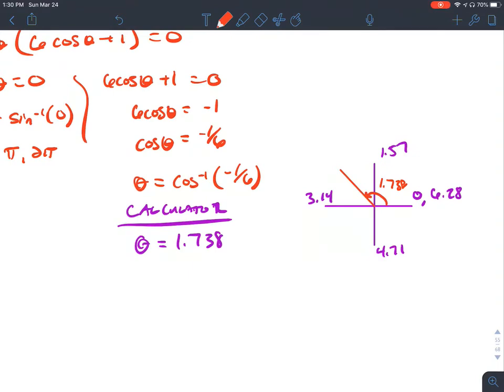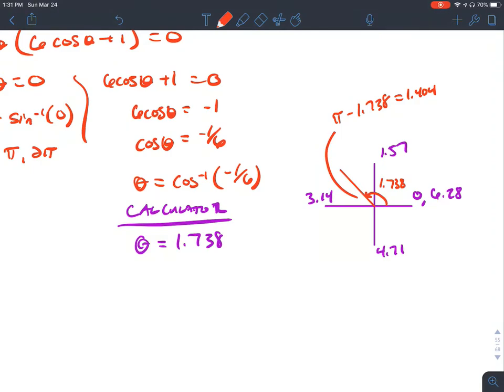Let me write this more legibly. That makes this angle here pi minus 1.738, which if you put in your calculator, is 1.404. So our reference angle is 1.404.